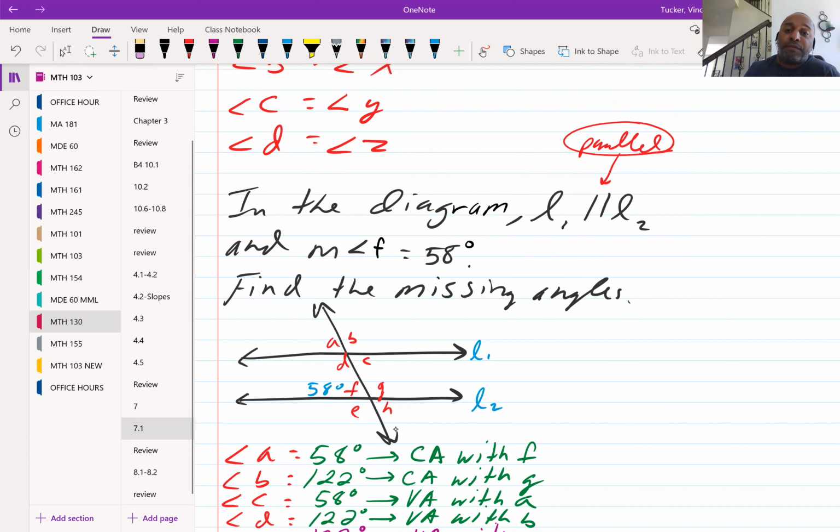They tell you that F is equal to 58 degrees. And they ask us to find the missing angles. Don't copy this stuff down in green yet. That's the explanation. So I'll give you a chance to copy down the problem first.